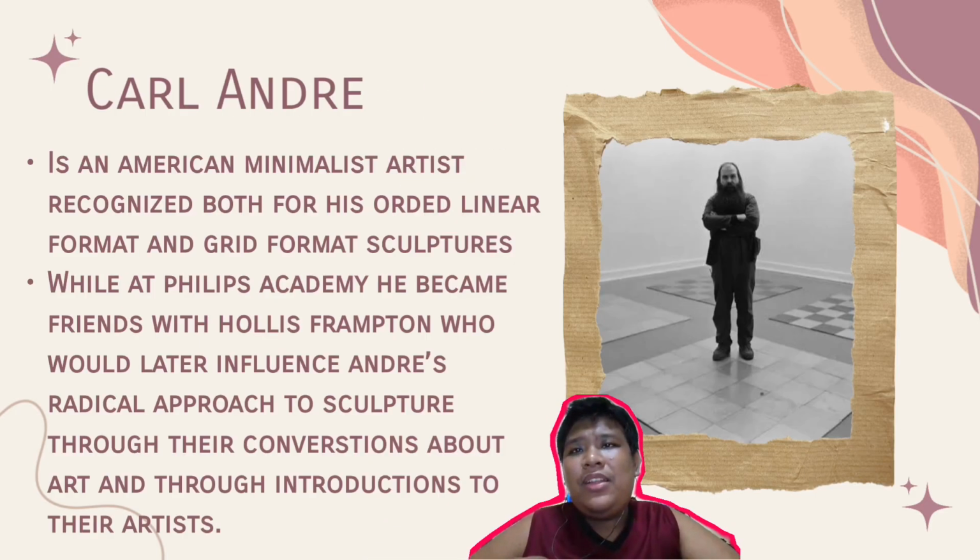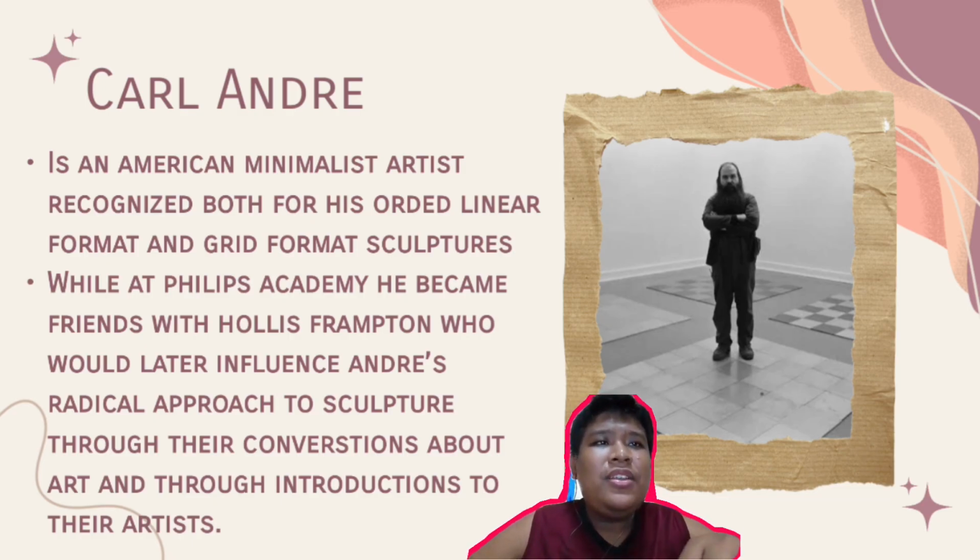And for our next artist, we have Carl Andre. He's an American minimalist artist recognized both for his ordered linear format and grid format sculpture. While at Phillips Academy, he became friends with Hollis Frampton, who would later influence Andre's radical approach to sculpture through their conversation about art and through introduction to the artist.